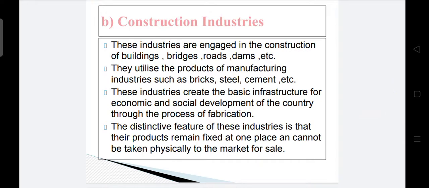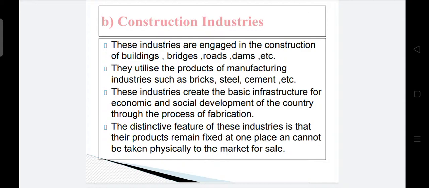Now we have construction industry. These industries are engaged in the construction of buildings, bridges, roads, dams, etc. They need cement, steel, bricks, and much more to construct.